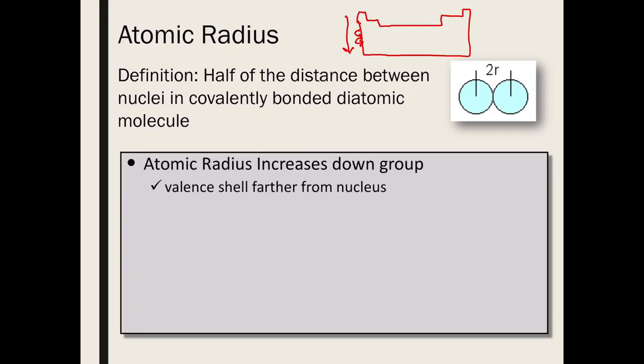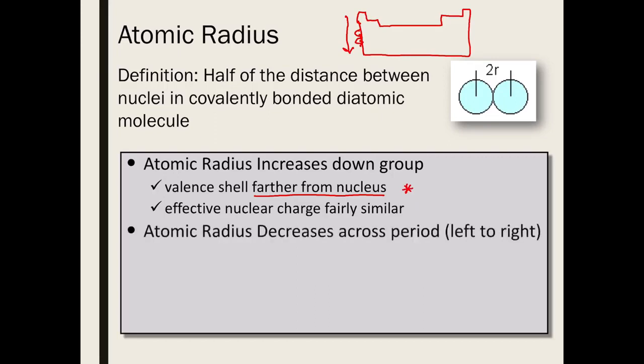And so those outer electrons are farther from the nucleus, which makes the radius of the atom larger. We're going to talk about what effective nuclear charge is really soon, but the effective nuclear charge of the atom is fairly similar. The bigger thing that's happening here is that the valence shell is farther and farther from the nucleus.